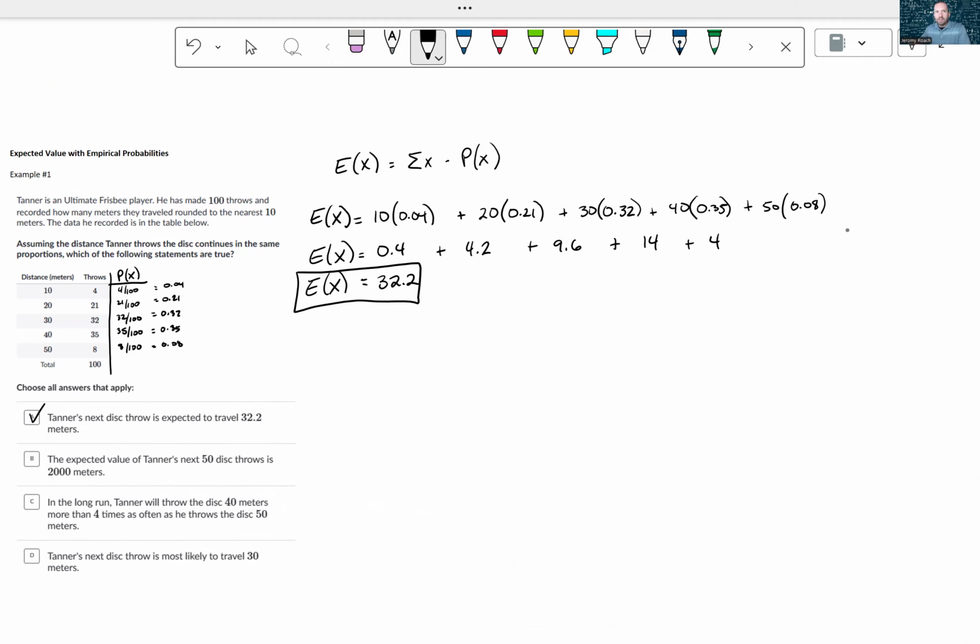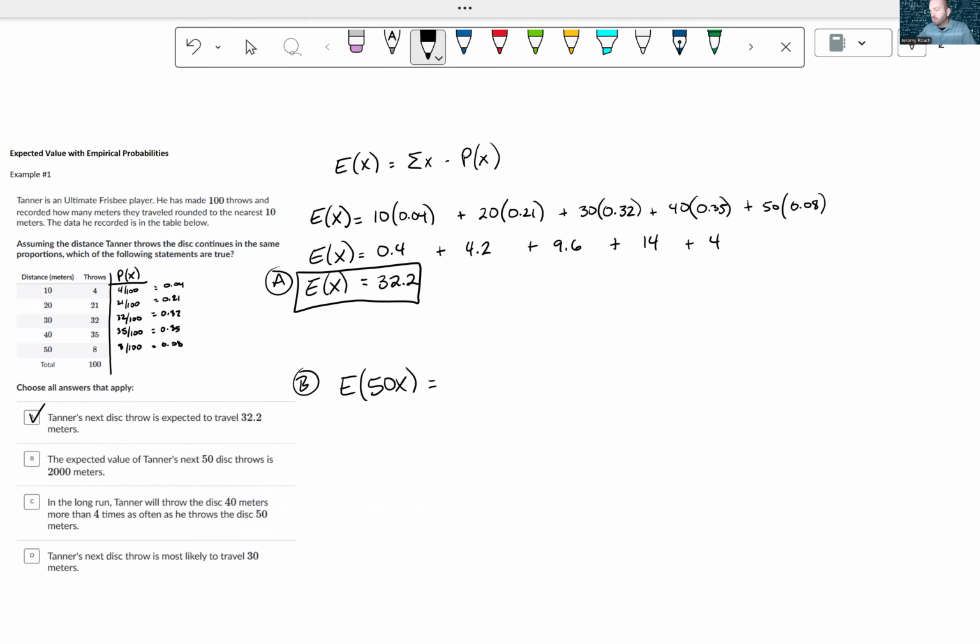Let's check B next. It says the expected value of Tanner's next 50 disc throws is 2,000 meters. If we want to know the expected value for 50 disc throws, we would write this with notation as E50X.